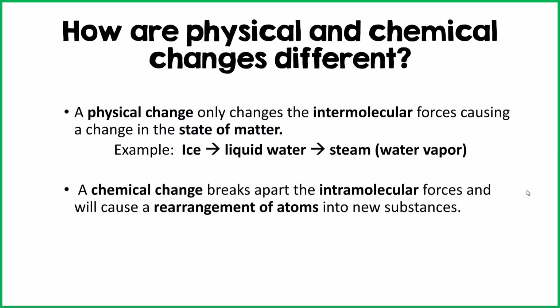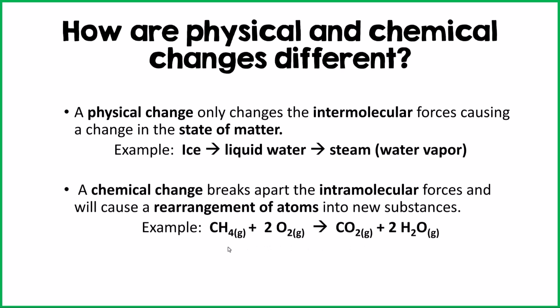A chemical change, however, breaks apart the intramolecular forces and will cause a rearrangement of atoms into new substances. So intramolecular means, remember, within the molecule. So the chemical change here is actually breaking the atoms apart and rearranging them into a new substance. For example, here's a chemical reaction.